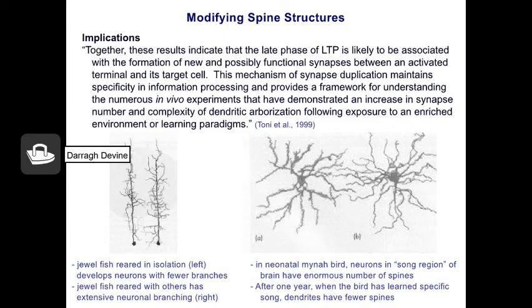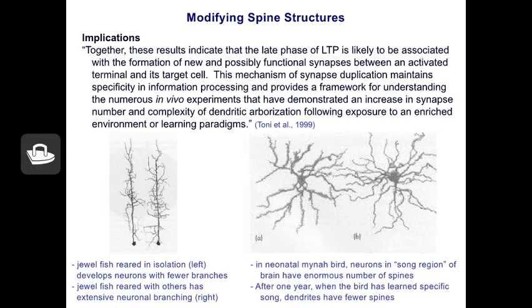However, there's one remaining comment that I must make. In the conclusion of Tony's Nature paper, they wrote, together, these results indicate that the late phase of LTP is likely to be associated with the formation of new and possibly functional synapses between an activated terminal and its target cell.